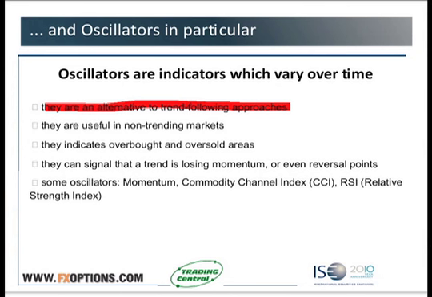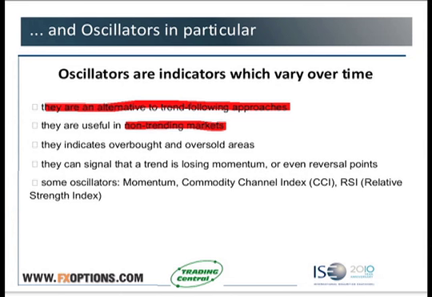So when you see that a trend is going up, you buy and you wait until your target is reached, and there's no pain. But markets are not always trending, and sometimes the trend is reversing in the other way. So oscillators are very useful to this kind of trend following approach, and in non-trending markets, when markets are ranging sideways.